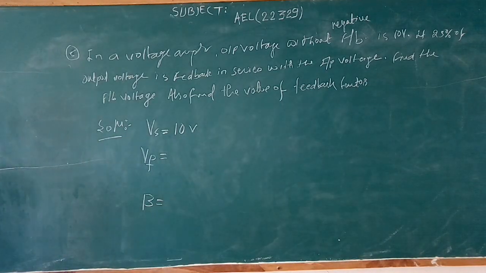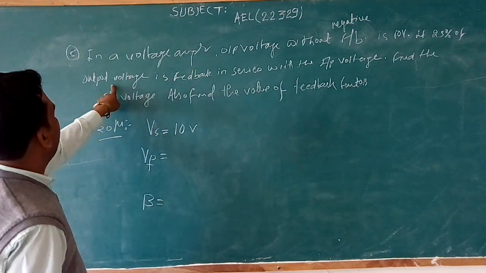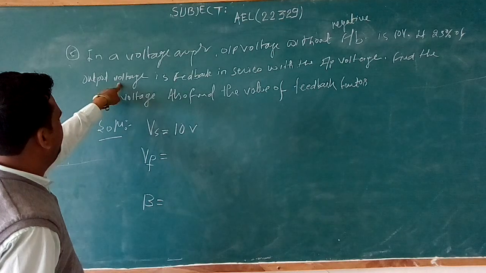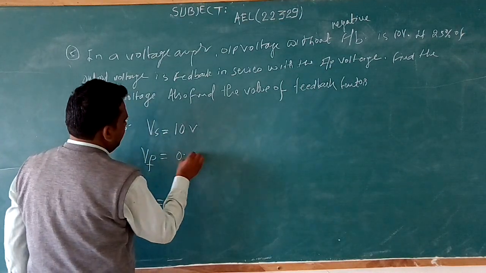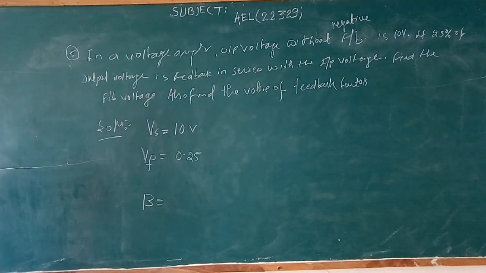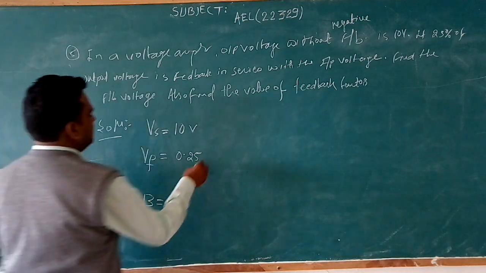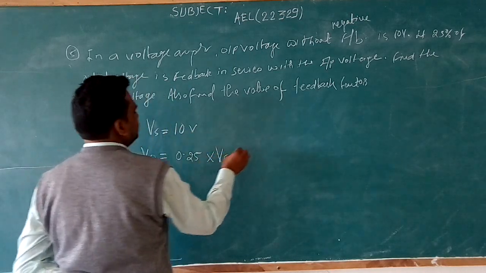So Vf equals 25% of the output voltage. 25% is how much? 0.25, multiplied by Vs. The value of Vs is 10.